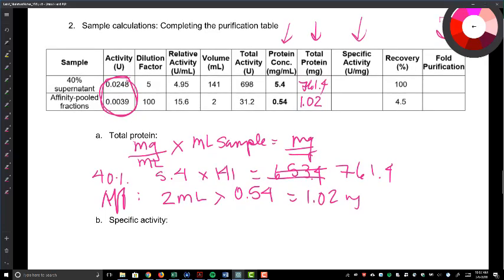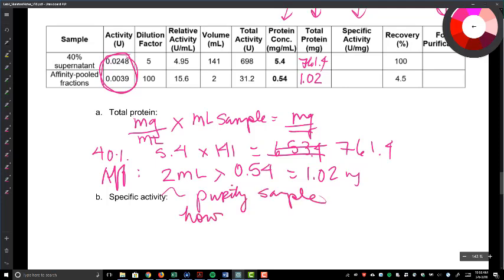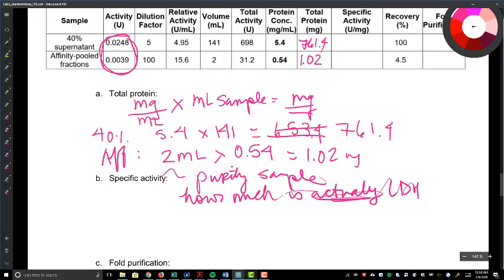So next comes the specific activity. And again, the specific activity is important because it's going to tell us really the purity of our sample, because it tells us how much of our sample is actually LDH. And the way that we calculate the specific activity is it's literally the units of LDH per milligram of total protein.